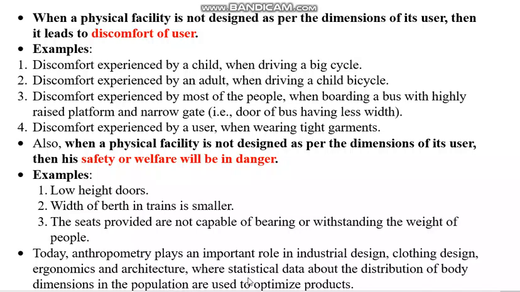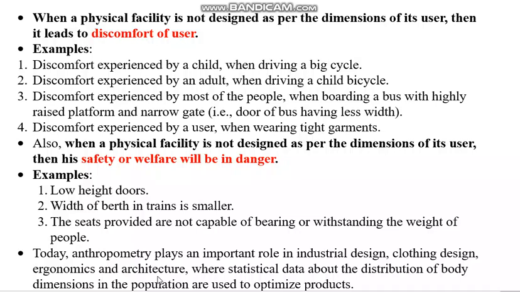architecture, where statistical data about the distribution of body dimensions is used. You say architecture. See, how tall your door of your house should be. Architecture means your building is designed by an architect.